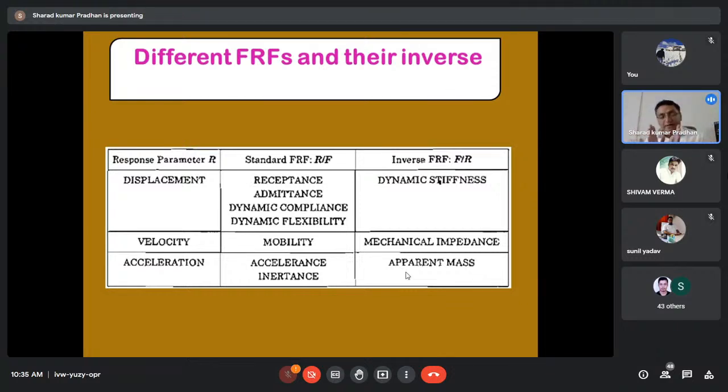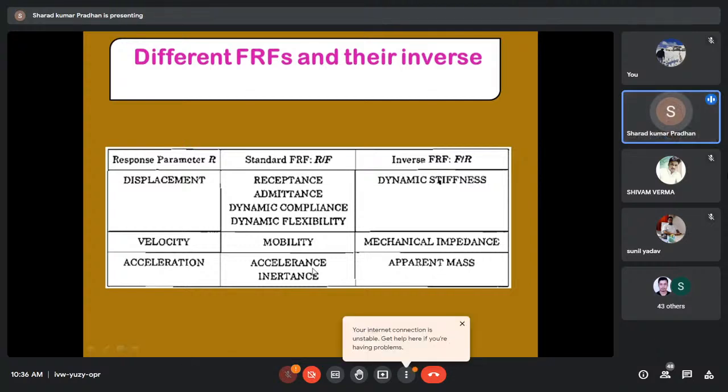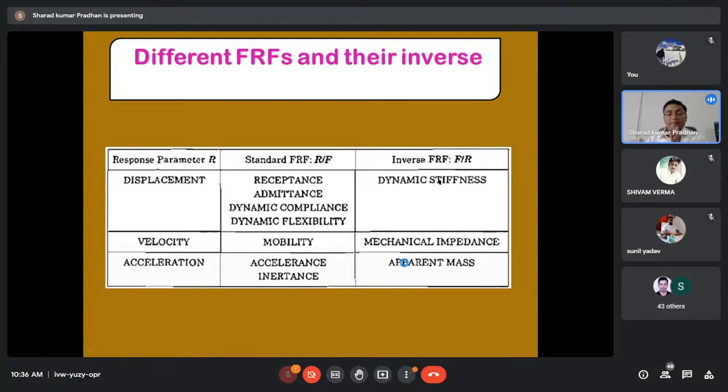So don't get confused. If you know only one FRF, suppose you have acceleration FRF, you can go to velocity, you can go to displacement. These are their standard names: receptance, mobility, inertance or accelerance. And these are their inverse values: dynamic stiffness, mechanical impedance, and apparent mass.